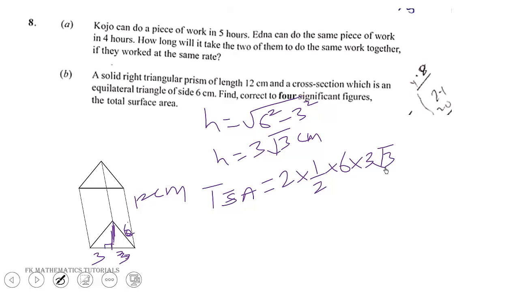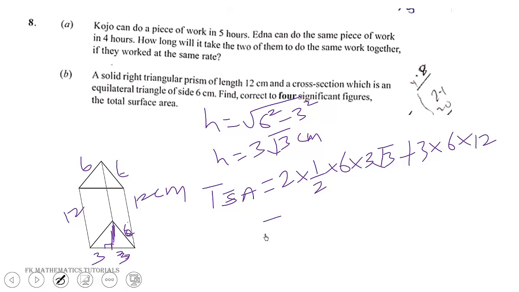Then we add it to the 3 rectangular faces, which has dimension 6 by 12. So 6 by 12, 6 by 12, 6 by 12, like that. So 3 times the rectangular faces, which is 6 by 12.